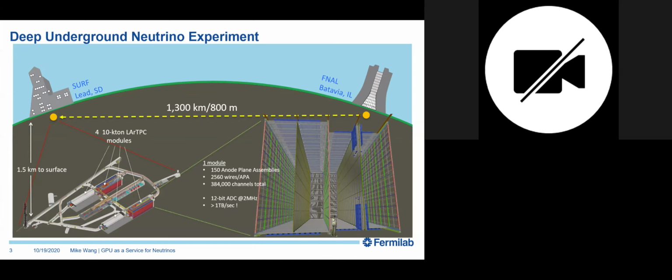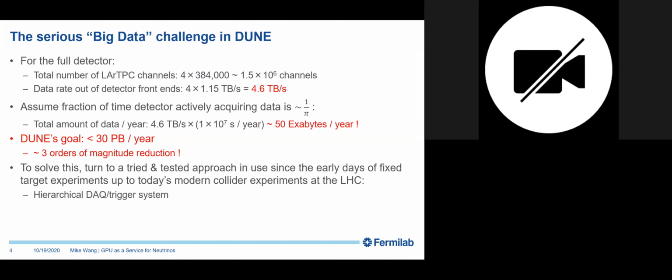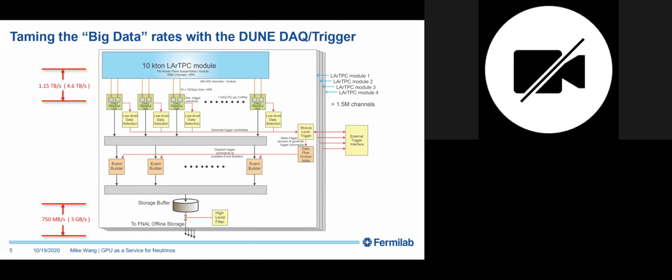So for the entire detector, it's close to 5 terabytes per second. And so within 1 year, we're talking about exabytes of data. DUNE's goal is to limit this to 30 petabytes per year. So this means we need to reduce it by 3 orders of magnitude. And this can be done with a traditional high-energy physics approach of using a hierarchical trigger architecture.